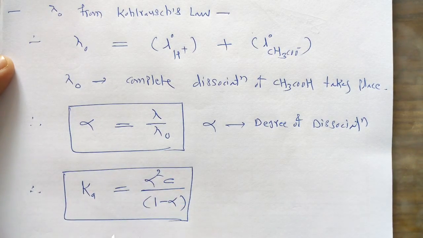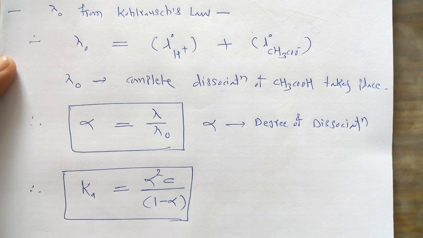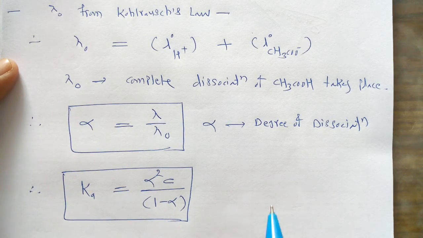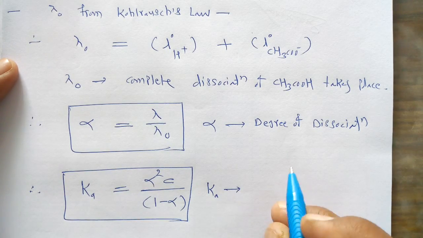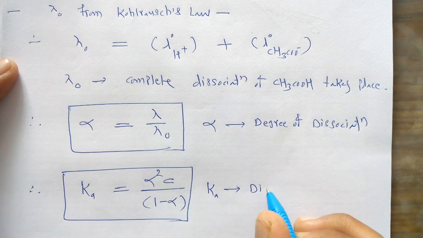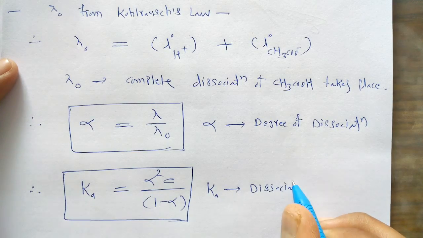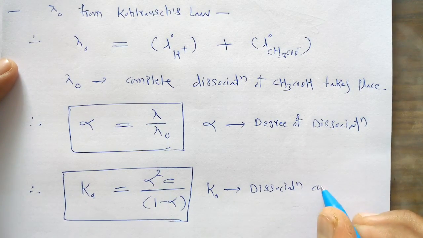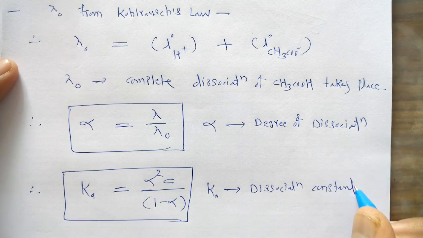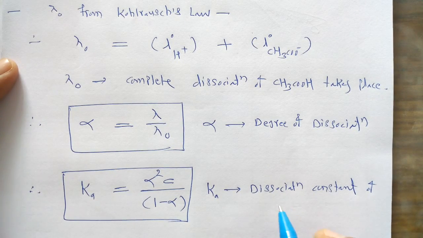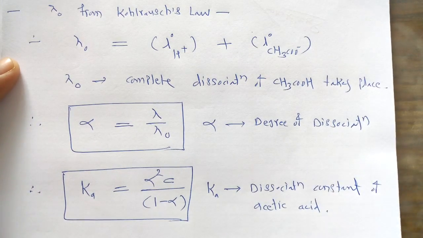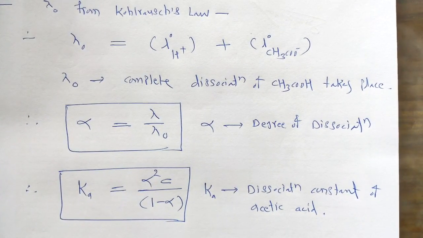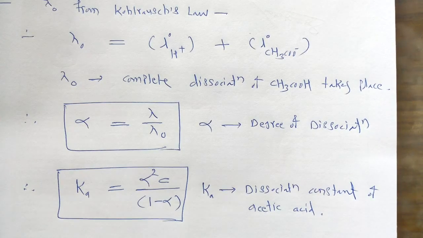This Ka is called the dissociation constant of acetic acid. So this is the final equation for the calculation of the dissociation constant of this acetic acid.